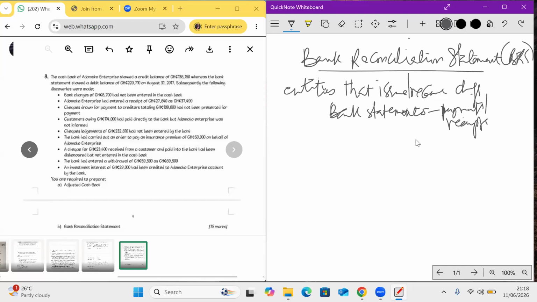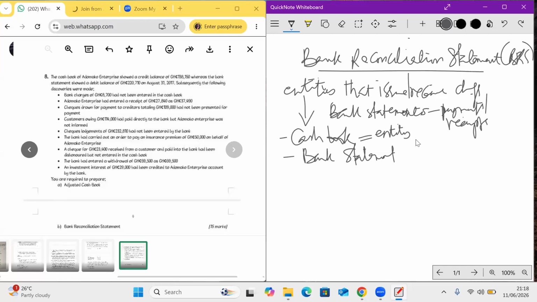So the entity which we are talking about here must have a cash book, which it records transactions in, and it must request a bank statement from the bank. So the cash book is kept by the entity.